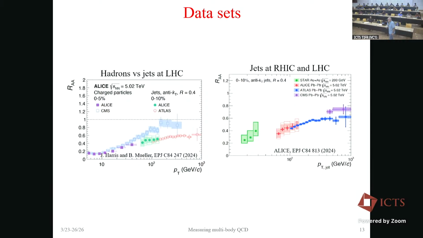And this upper limit is due to the fact that Alice is what we call a slow detector. Alice is a time projection chamber, which is a beautiful tracking device, but its readout is very slow. So in run 1 and run 2, we could not take data at nearly the same rate as Atlas and CMS. We had to cut the luminosity by a large factor. This is known.